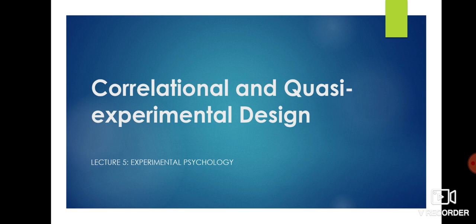We have been talking about this during our psychological statistics and previously in our lectures in experimental psychology. Anyway, class, correlational and experimental research design are just two of the many types of research design.